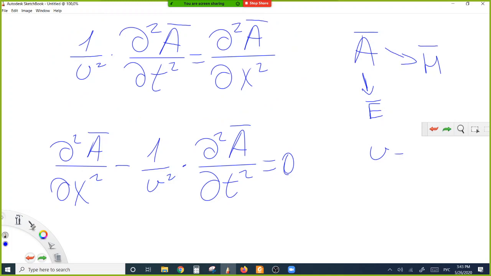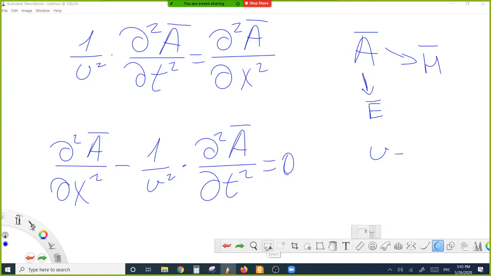Sorry, I made a little mistake. In vector fields, the direction of propagation is accepted as z, so here it will be dz squared, please pay attention, and also dz squared, and the wave is assumed to propagate in the z direction.